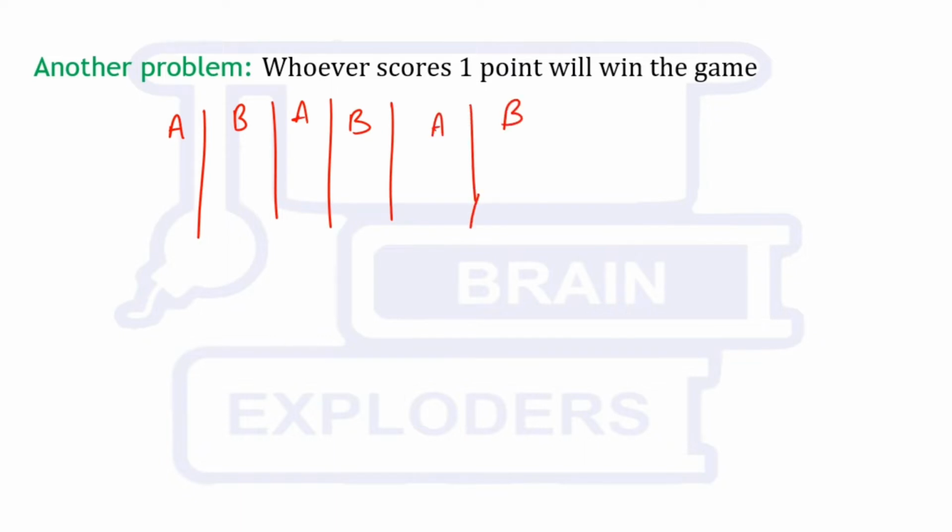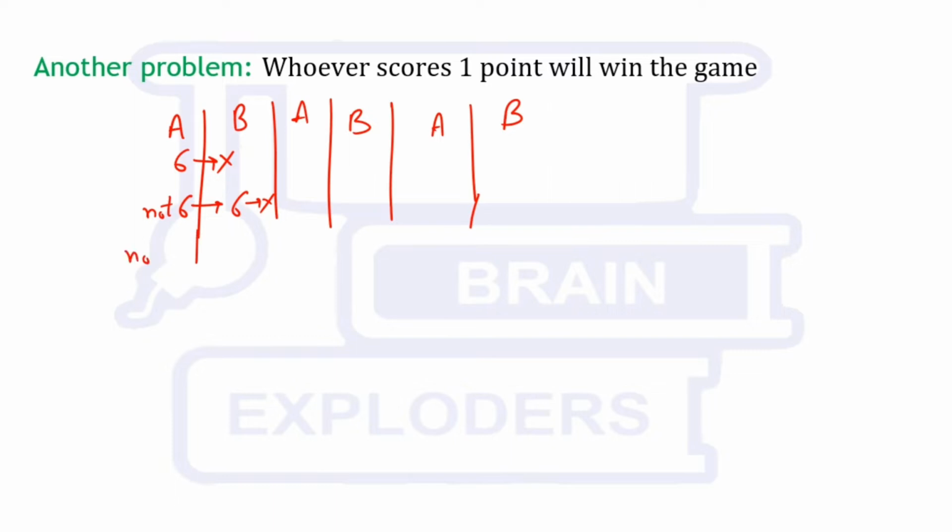So there is a probability that at the first move A gets a 6 and the game ends. Why? Because A has scored a point and he has won the game. Now there is a probability that A does not get a 6 and B gets a 6 and the game ends, because B has won the match.